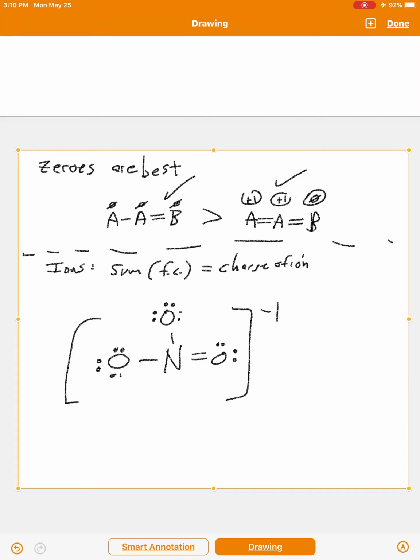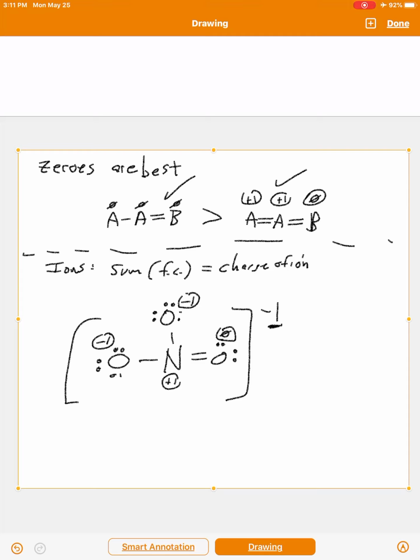If you look at the formal charges of all the atoms in here, the nitrogen is plus 1. The oxygen here is 0. The oxygen here is minus 1. And the oxygen here is minus 1. If you add up minus 1, minus 1, plus 1, and 0, you get minus 1. So the sum of the formal charges will actually work out to be equal to the charge of the ion.